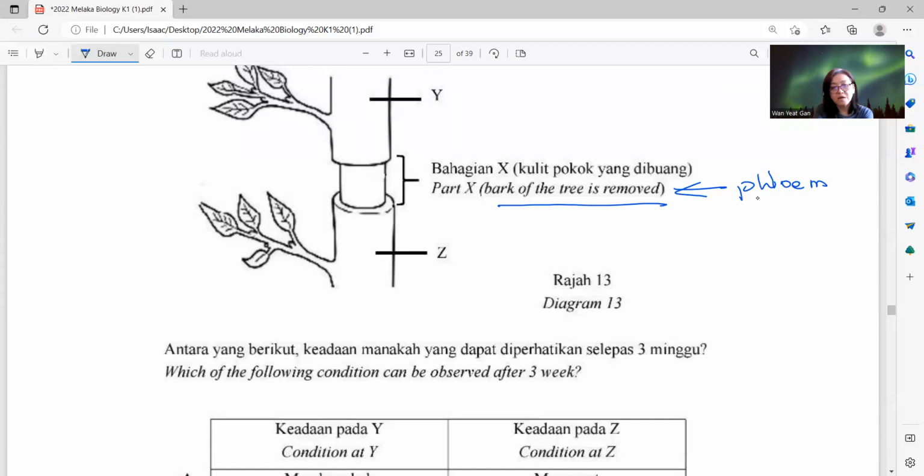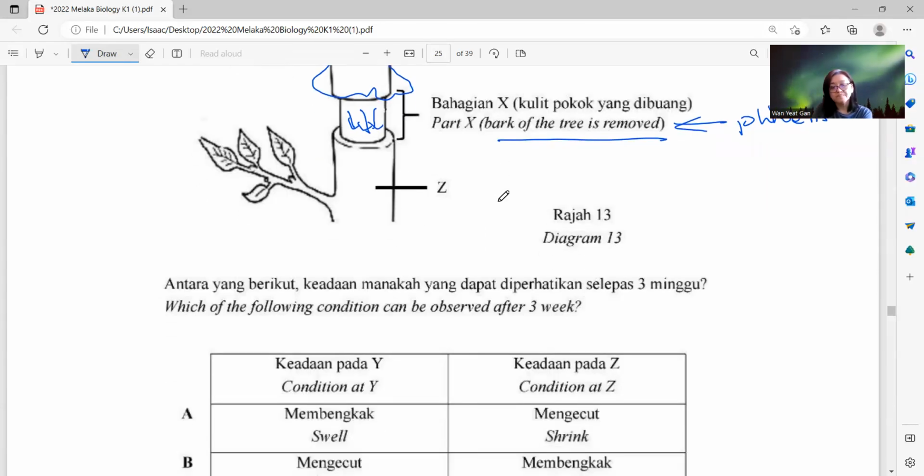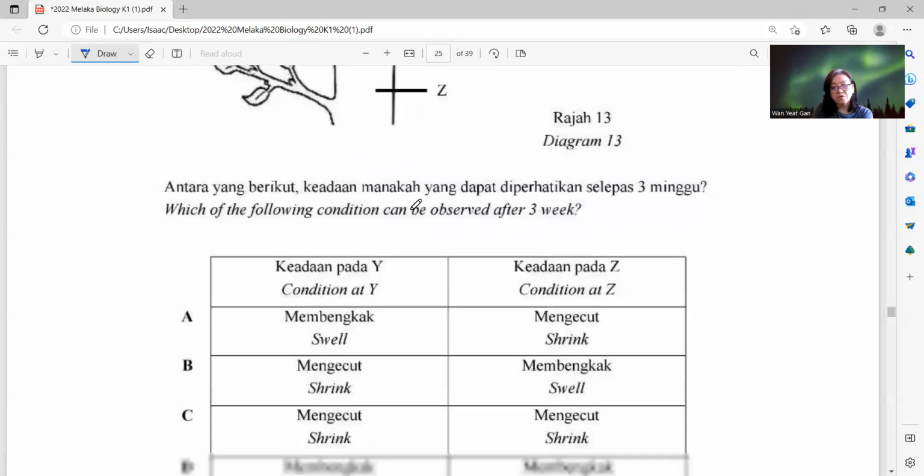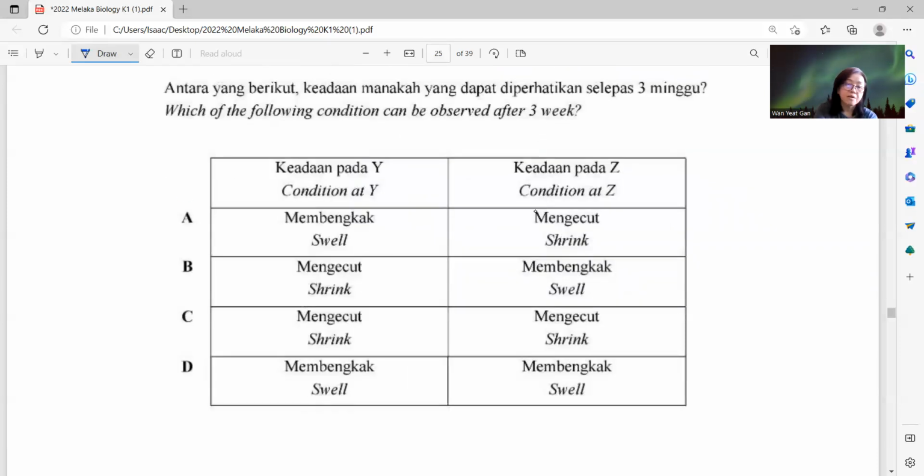Without phloem, organic substances cannot be transported downwards. So the organic substances will accumulate at the upper part of the ring. So the upper part of the ring will be swollen while the lower part will shrink. Okay, so the answer is A.